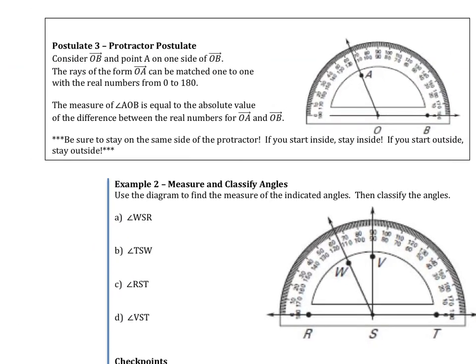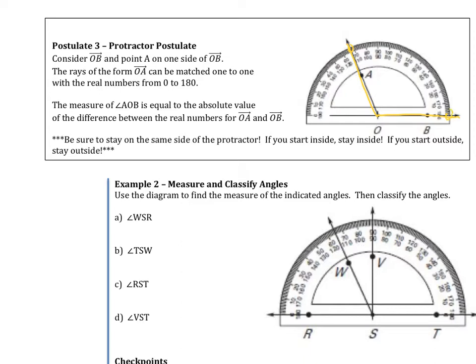All right, the protractor postulate basically says that you can measure an angle and it's equal to the absolute value of the difference between the real numbers from OA. So like if we have OA right here and we have OB, the measure of the angle is the difference between this number and this number.